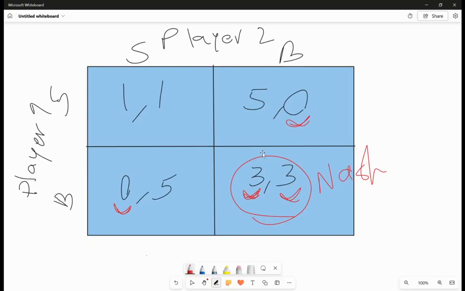Since both players have a dominant strategy, we can get rid of the high price strategy, and where the low strategies intersect with each other gives us the equilibrium of this game, which is here. You can see that the collective profit of this market is highest when both players play high price.